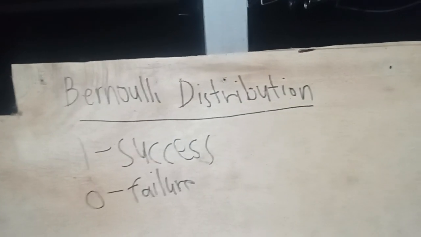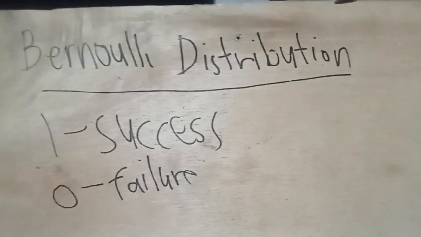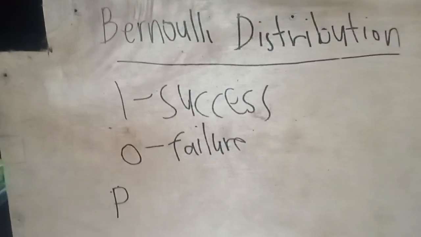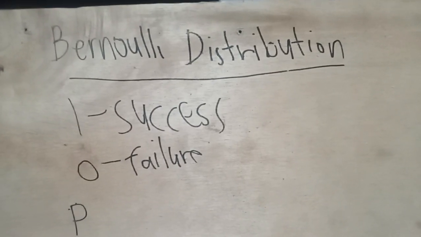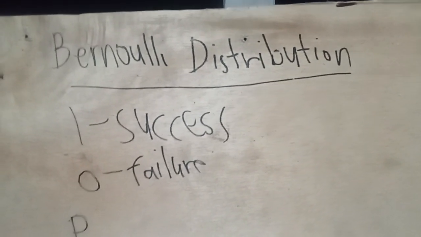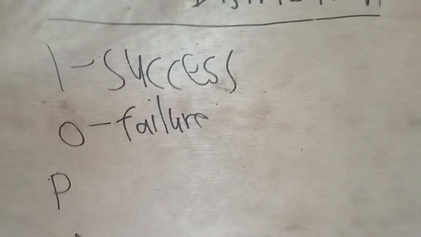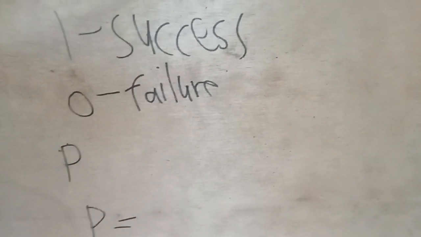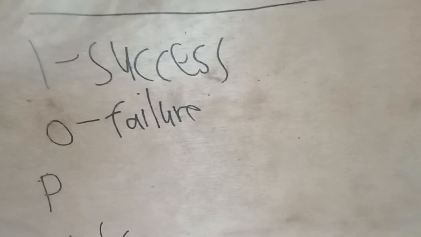So the distribution depends on just one parameter called P, which represents the probability of success, and mathematically we write P of x equals 1 equals P.